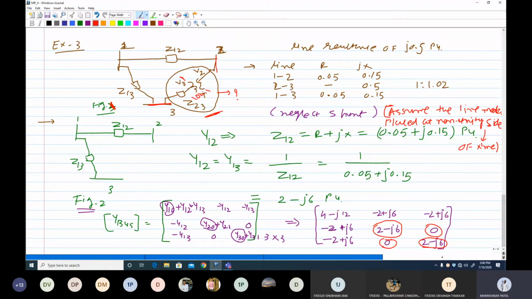So after this assumption, now tell me which type of case is applied over here. Here it is given your pi model is placed at the non-unity side of the transformer. That means this side of the transformer. The transformer is placed over here. So which side?